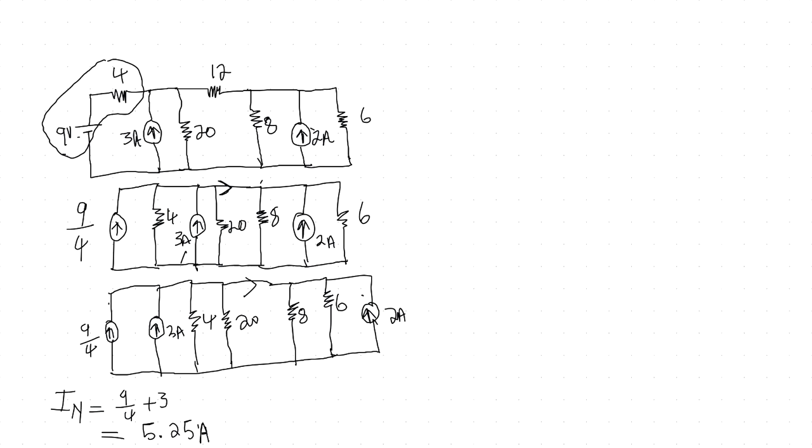RP1 equals 4 times 20 divided by 4 plus 20, which equals 3.33. And then 6 and 8, they are parallel as well, ne? Yes. Then RP2 is equal to what? 3.429.